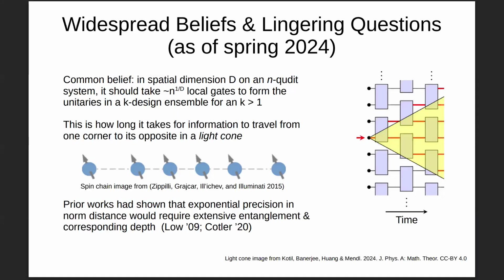If you look at this, for example, on a one-dimensional lattice where you have nearest neighbor connectivity, then the depth that you need should roughly scale with the number of qubits that you're acting on. There was also some earlier work that looked at what it would take to get exponential precision and showed that for exponentially precise errors, you would actually need to have extensive entanglement.